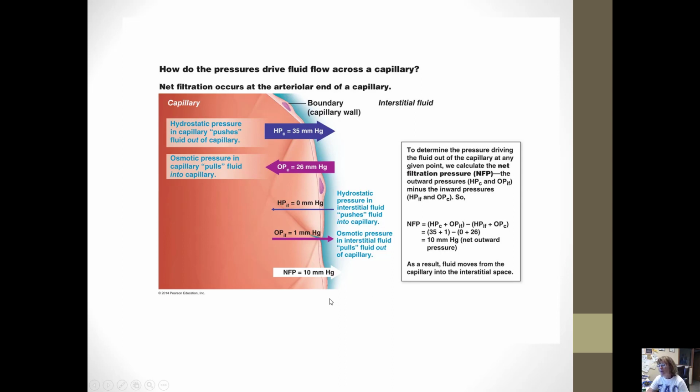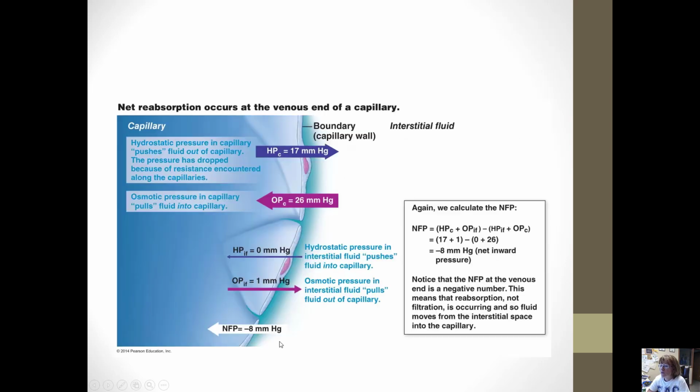Well, then what's going to happen down at the venular end after fluid has left the arterial end? Net absorption is going to happen at the venous end. Because the pressure has dropped, we have resistance encountered along the capillaries, and we don't have as much water as we had before. Our hydrostatic pressure drops to about 17.